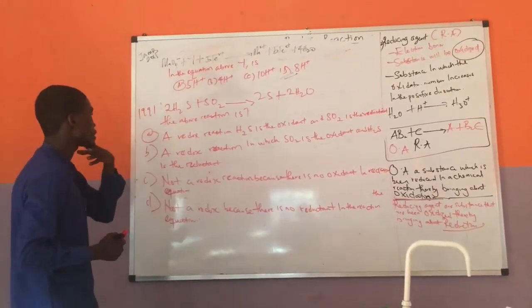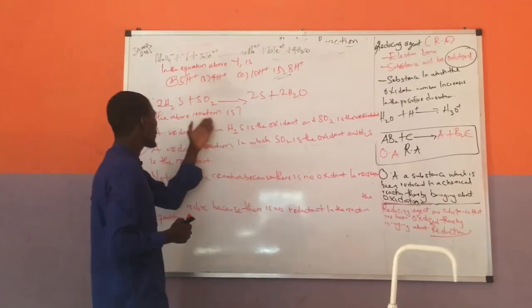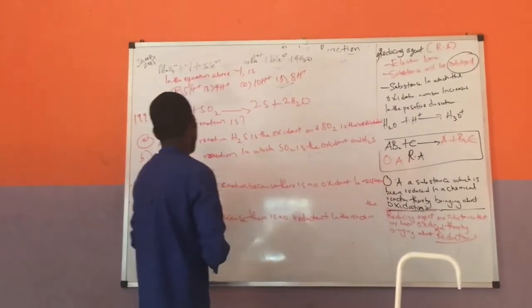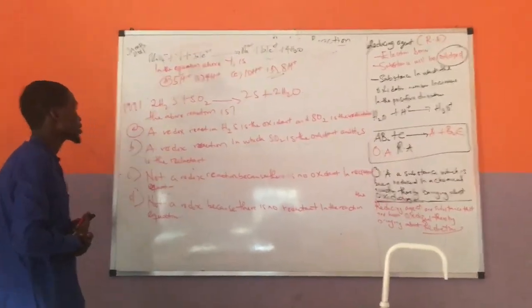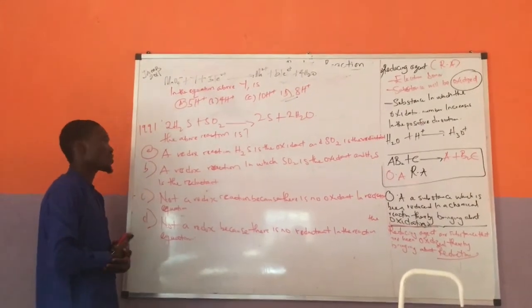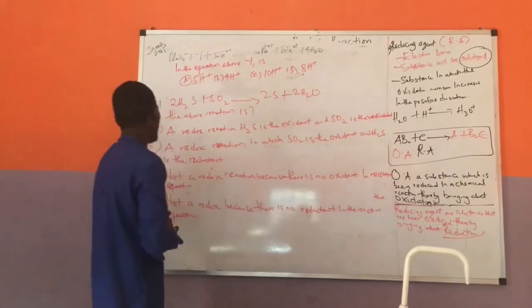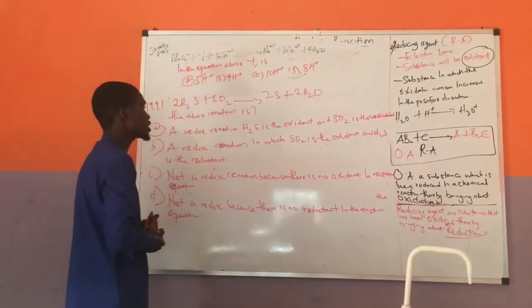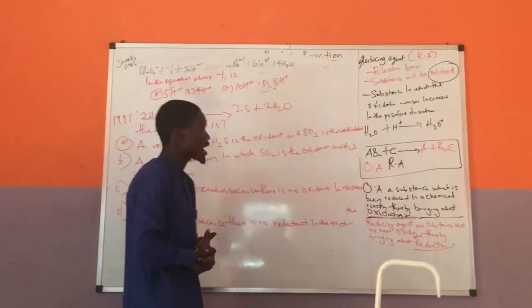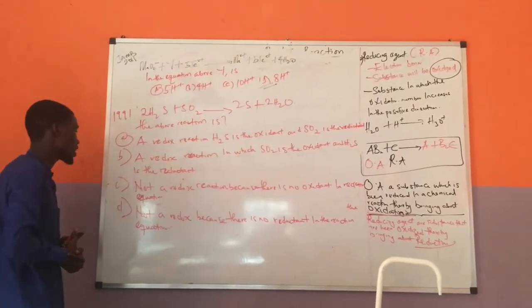So the next question, the above reaction is what? A, a redox reaction, hydrogen sulfide is oxidant, and SO2 is a reductant. B, a redox reaction in which SO2 is the oxidant and H2S is a reductant.